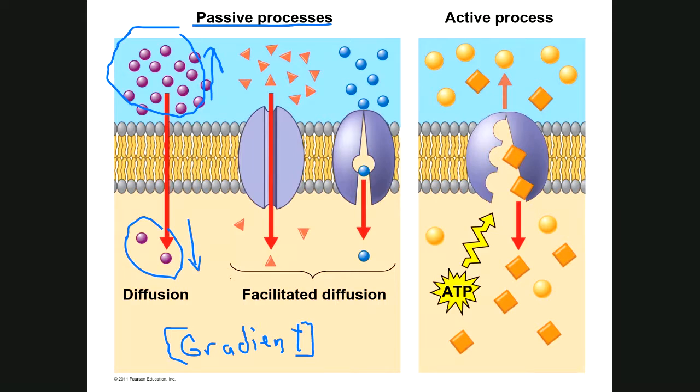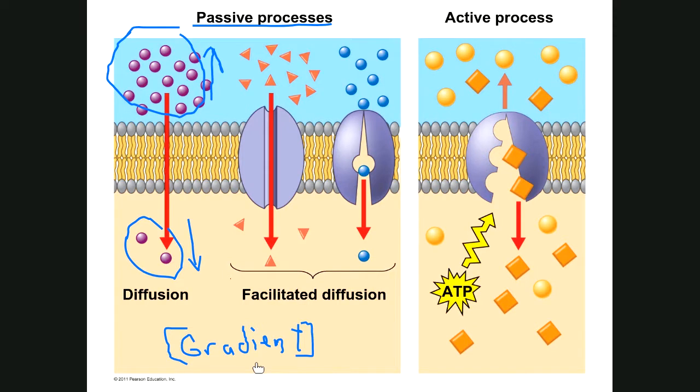If there are two solutions separated by a membrane, and we see in one solution there's a higher concentration of solutes than the other, then we have a concentration gradient. So again, the driving force for passive processes of membrane transport is that there is a concentration gradient.